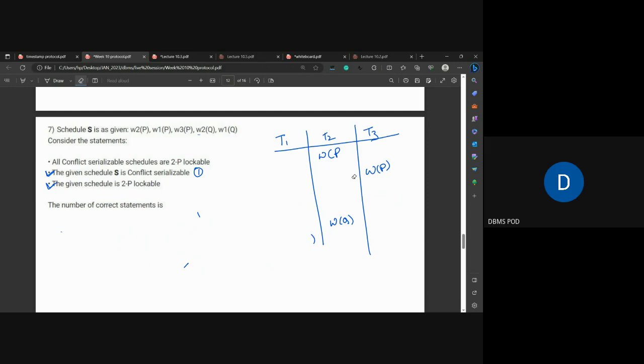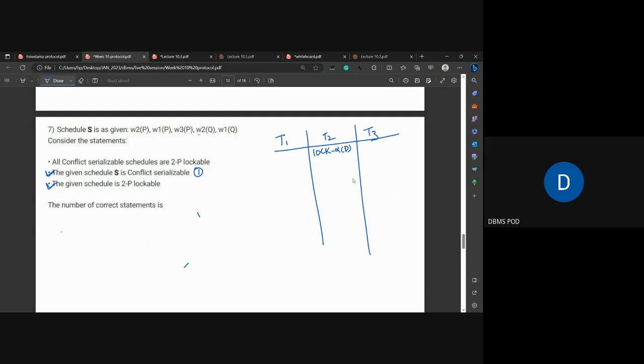Now let's try to apply two-phase locking. T2 wants to write the data item P, so let's apply an exclusive lock.